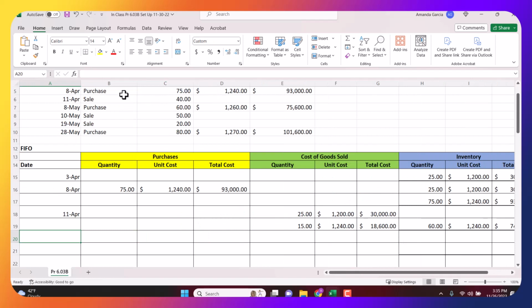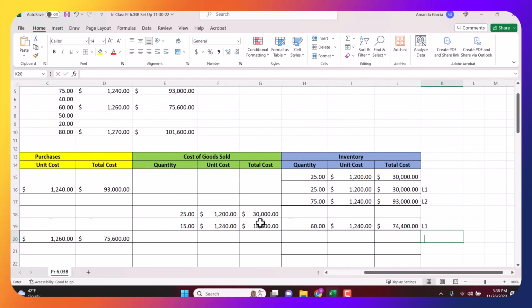All right, so now we've taken care of this sale. Now we make another purchase. On May 8th, we're going to purchase 60 units at $1,260, which is $75,600. What I'm going to do is maintain L1 and bring it down.